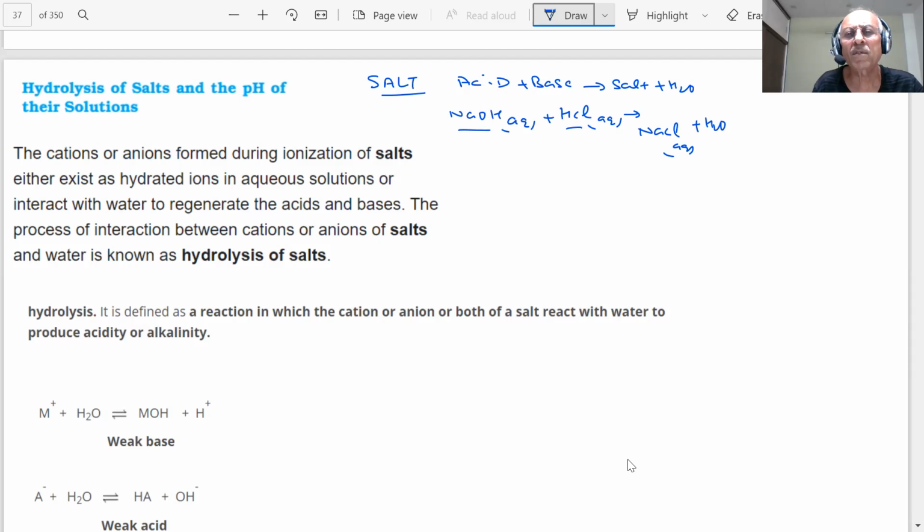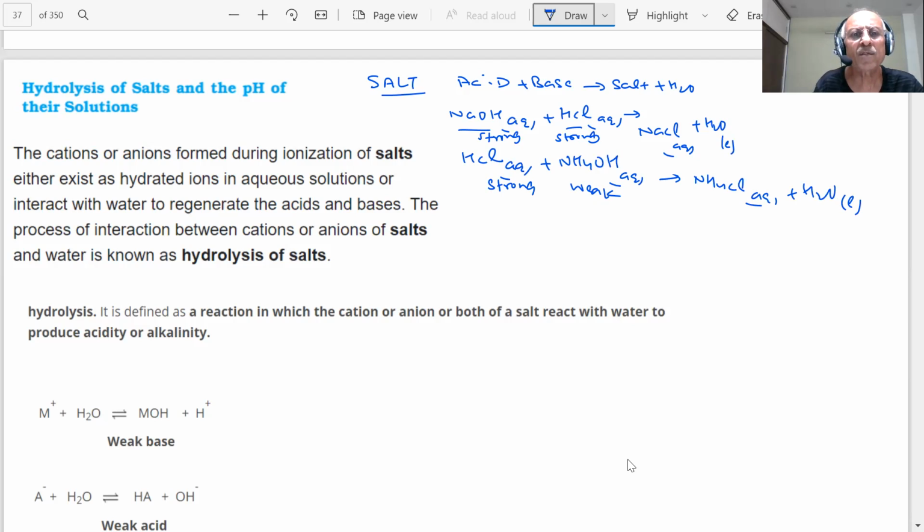If I take a strong acid and a weak base, this is strong, this is weak, what will you get? NH4Cl plus H2O, students.